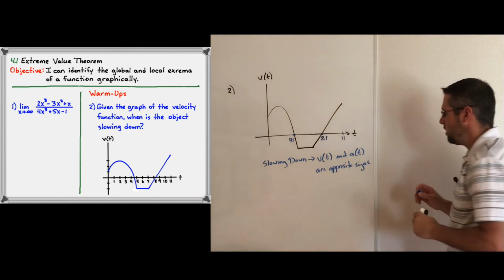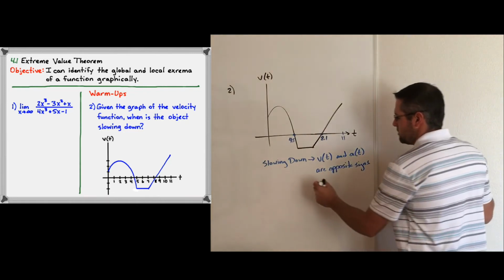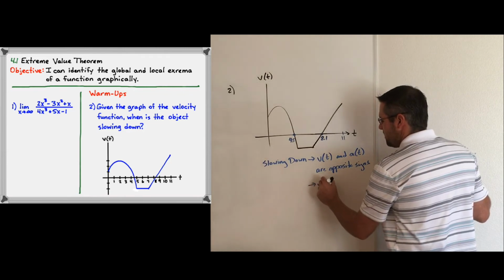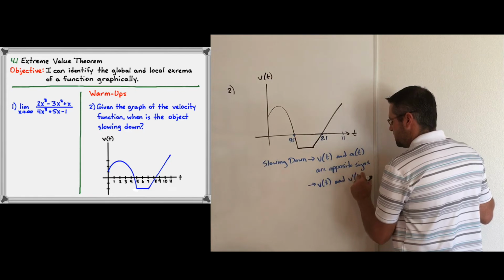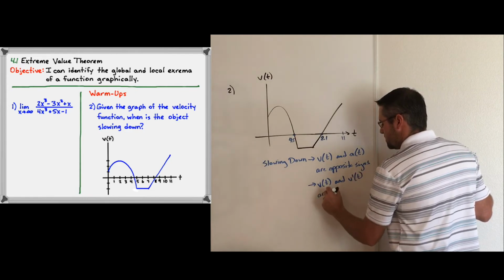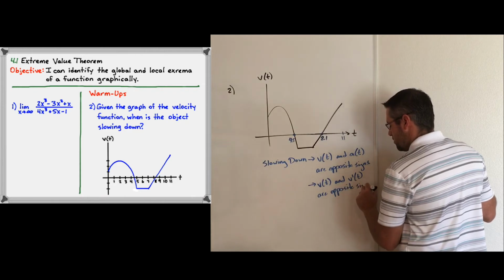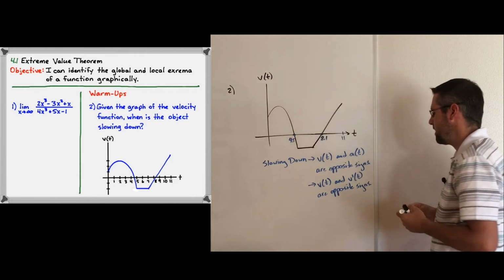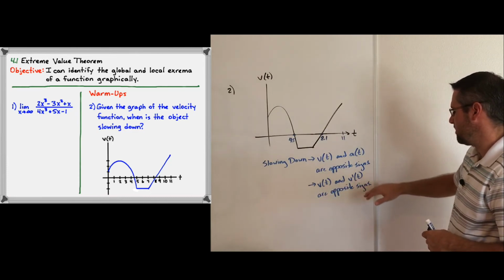Okay. Well, if we interpret this, we know that acceleration is the derivative of velocity, so we can then conclude that v of t and v prime of t are opposite signs. All right. So when are velocity and its derivative opposite signs?